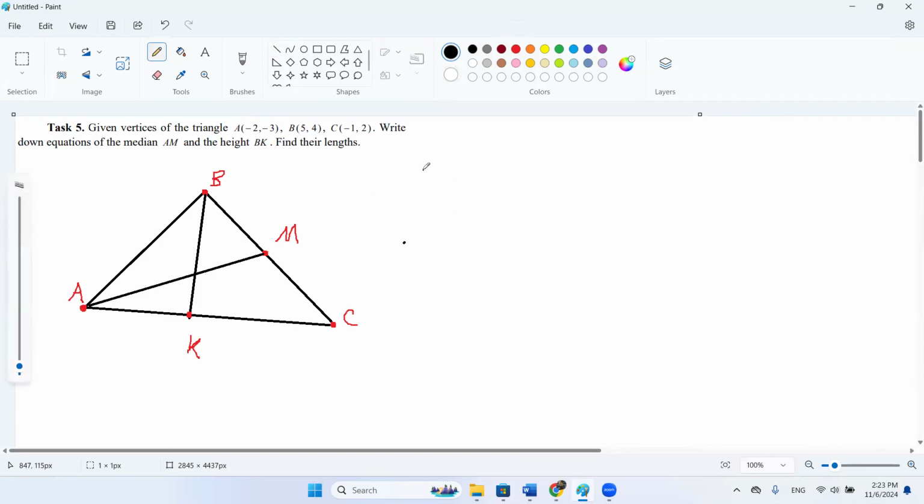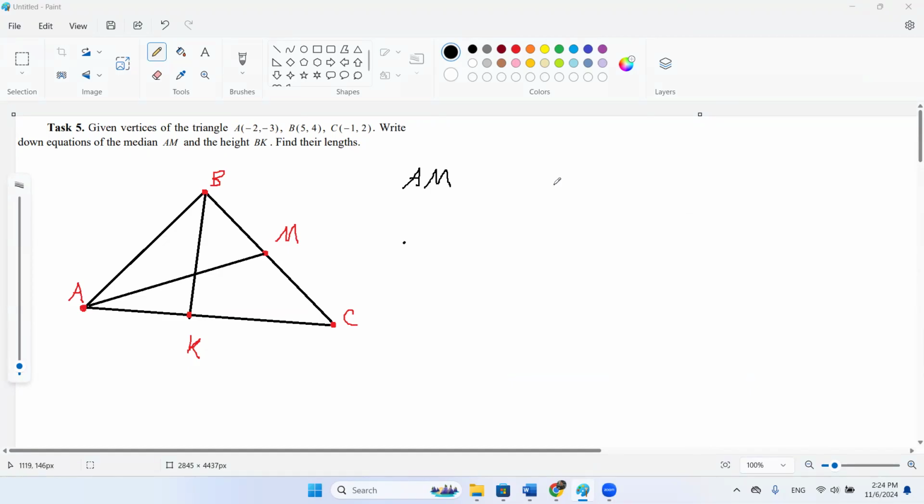So how to solve? First of all, let's find the median AM, its equation. Basically, that's not only one step. So how to find the median?